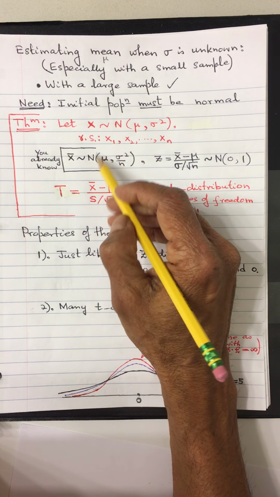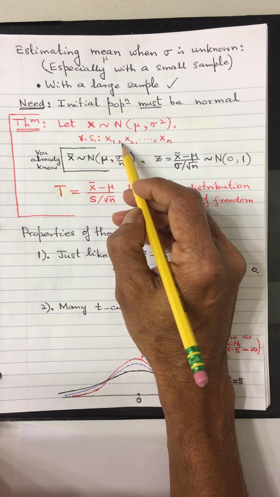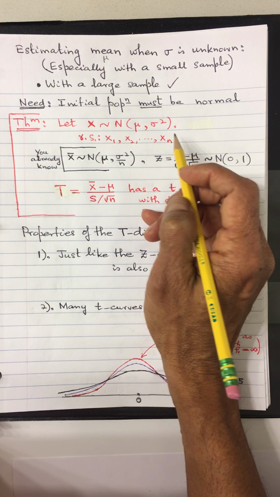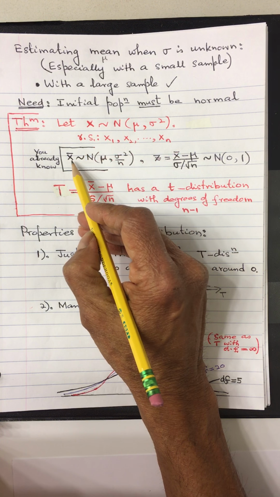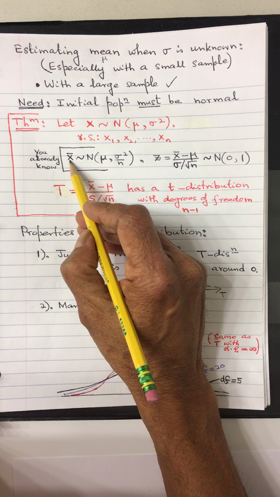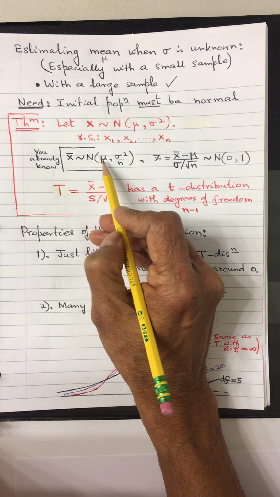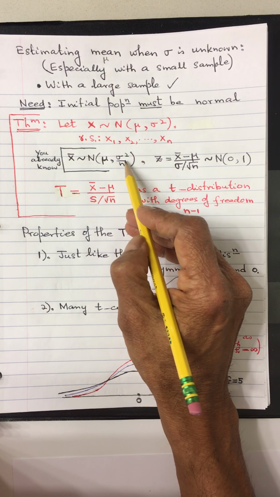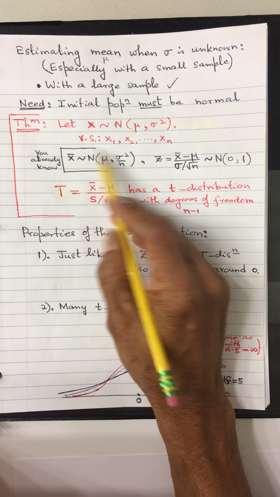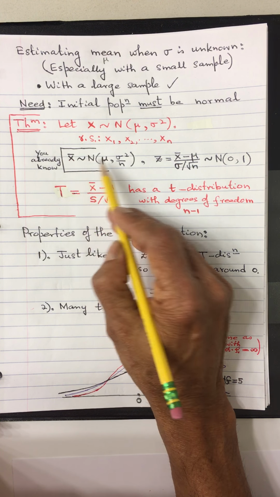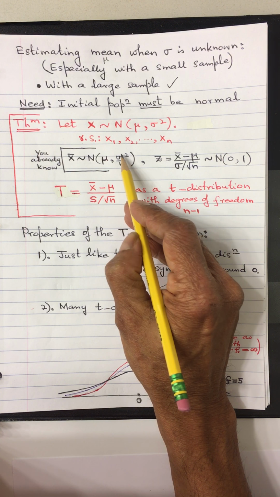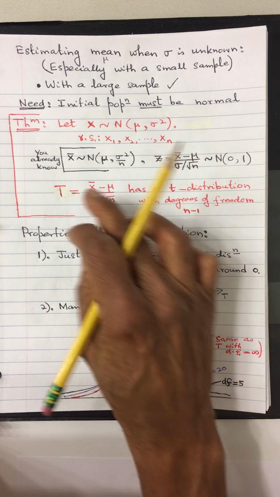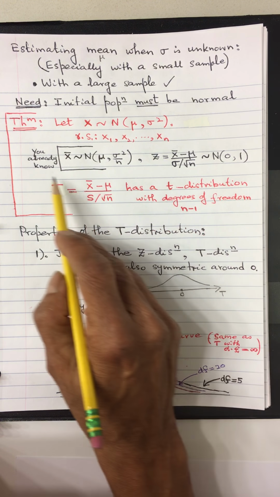If you pull a random sample out of that, we already know that x bar is going to follow a normal distribution with the same mean mu, and the variance is going to be sigma square divided by n. So x bar minus mu divided by the square root of that is going to follow a z curve. This part we already knew.